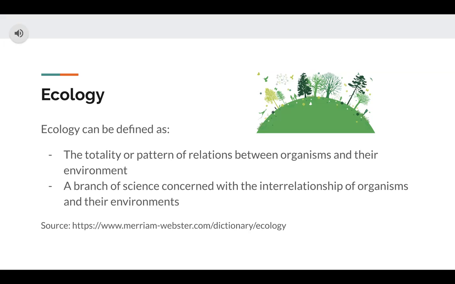Let's just take the example of fish in a stream. So fish would be the organism, and the environment would be that stream, that body of water. So the totality or pattern of their relationship between the fish and the stream would be an ecological phenomenon or an ecological event.